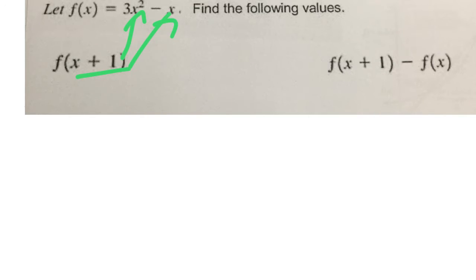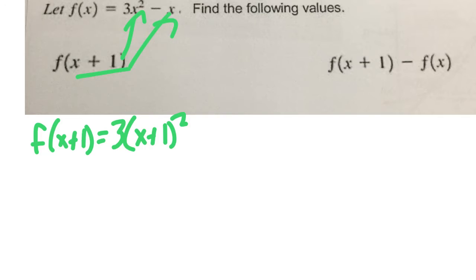So that should give f of x plus 1 is equal to 3 times x plus 1 squared minus x, which is x plus 1. So you have to be careful. Remember, you're subtracting all of x. So when you substitute in x plus 1, you have to be subtracting all of that. So I put in parentheses to signify that.